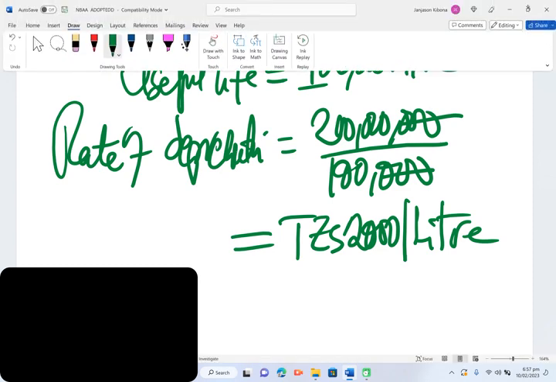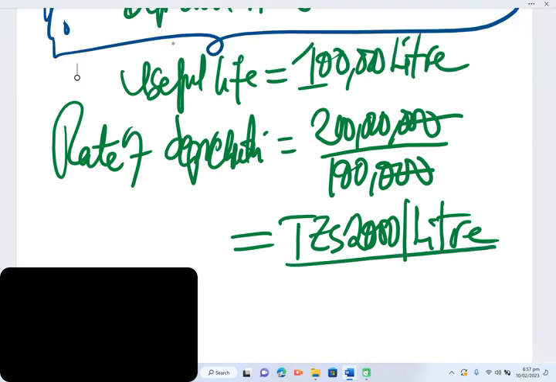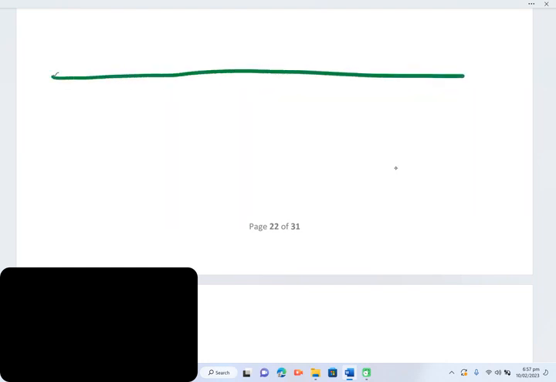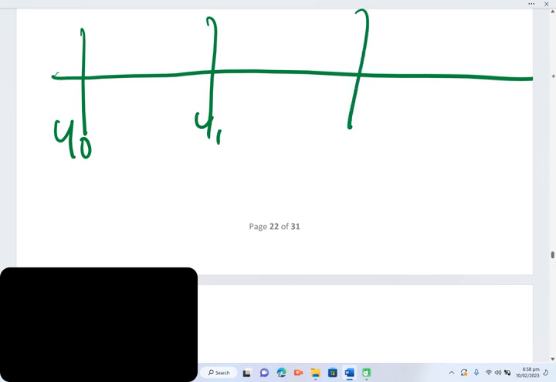Sasa sikiliza hapo nakufundisha. Unasema ni TZS 2,000 per what? Per lita. Sasa tunataka tuongee depreciation ya miaka mingapi? 3. Unachora note yako hapa. Kuna ya note, ya 1, ya 2, ya ngapi?